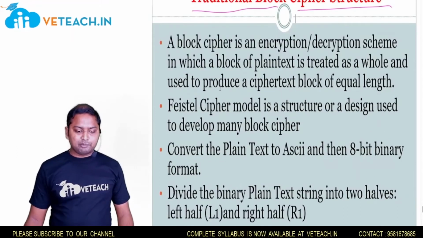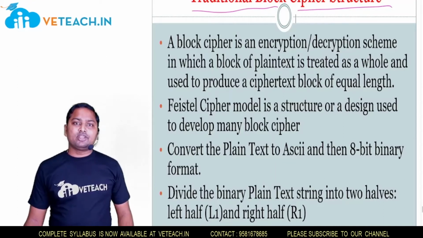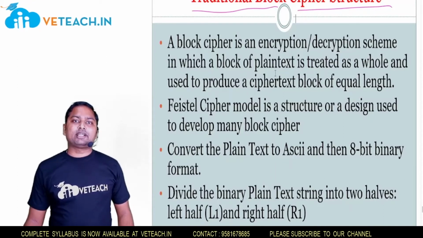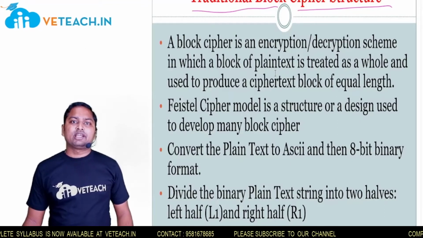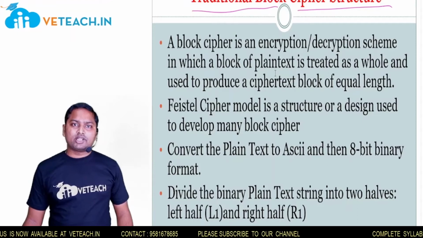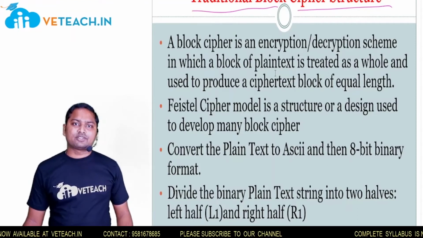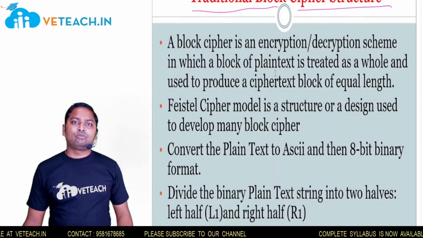A block cipher is an encryption and decryption scheme in which the plain text is converted into ciphertext. How is the ciphertext generated? By using any one of the algorithms, we convert plain text into ciphertext, and for the conversion we also need one key.